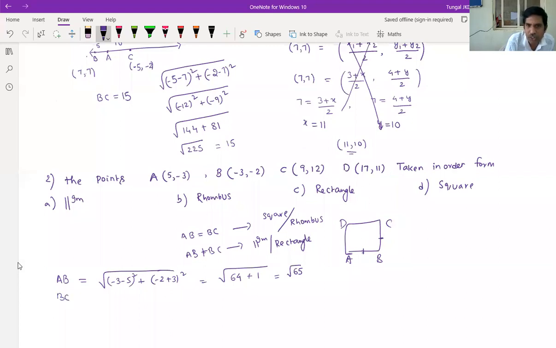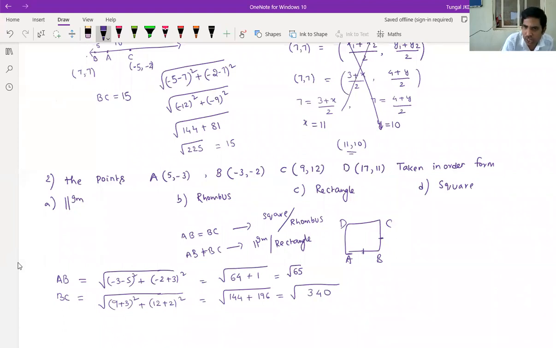BC distance is root over (9 - (-3)), that is plus 3, whole square, plus (12 - (-2)), that is plus 2, whole square. So root over 9 plus 3 is 12, 12 square is 144. 12 plus 2 is 14, 14 square is 196. So 144 plus 196 gives root 340.